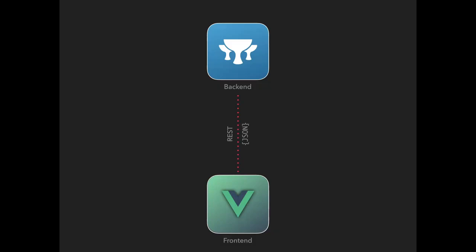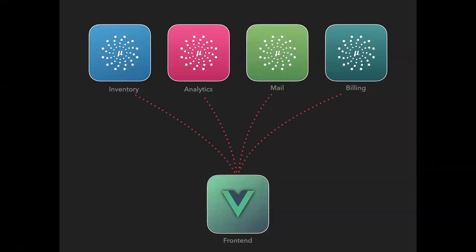However, once we start talking about microservice architectures, we don't necessarily have a single backend anymore. Now we've split up our monolithic architecture into a microservice architecture. And now instead of having a backend, we might have 4 backends or 12 or 20 or any number, really. It depends on your architecture and how complicated your business problems are.